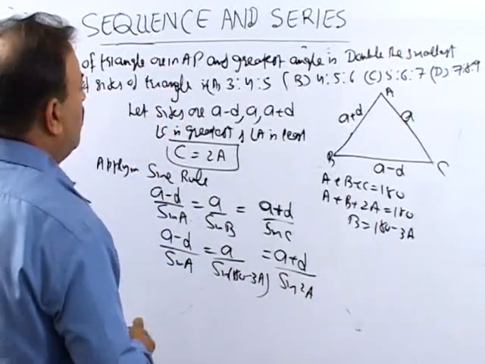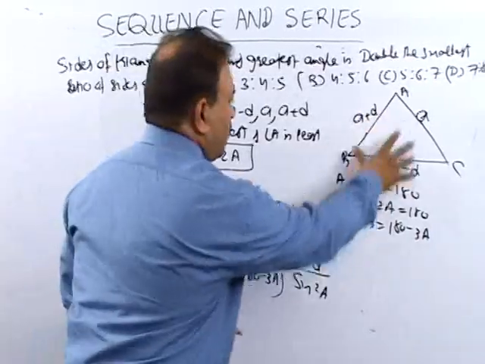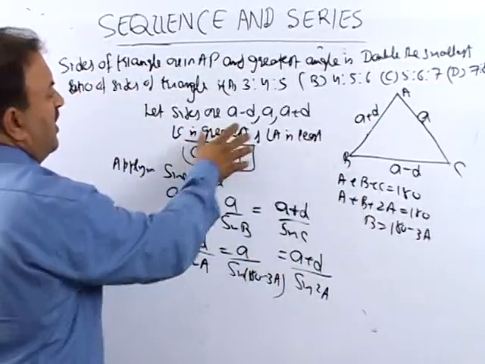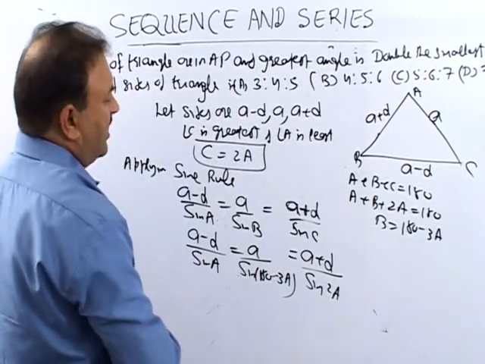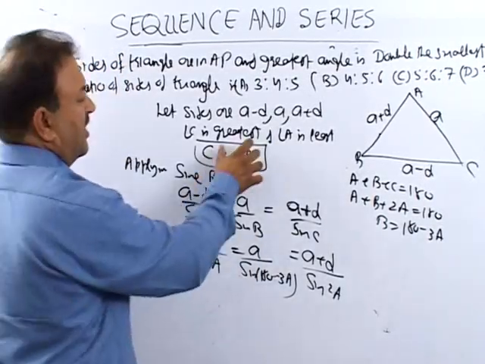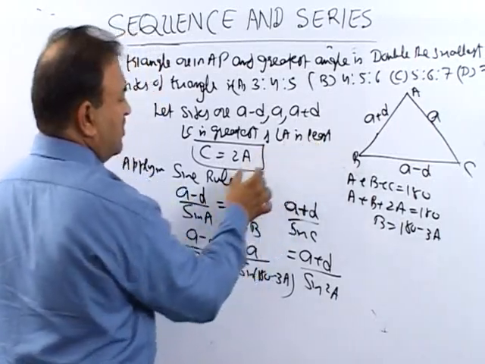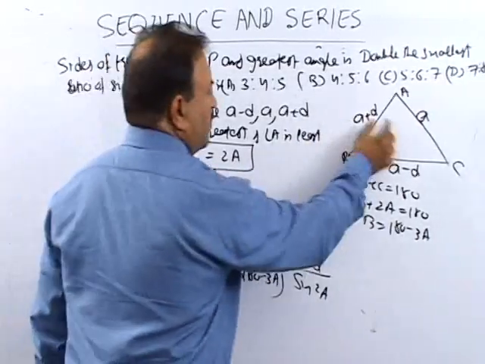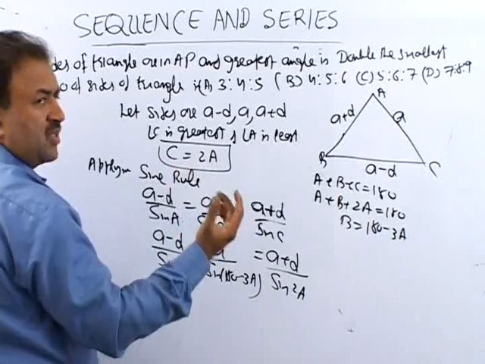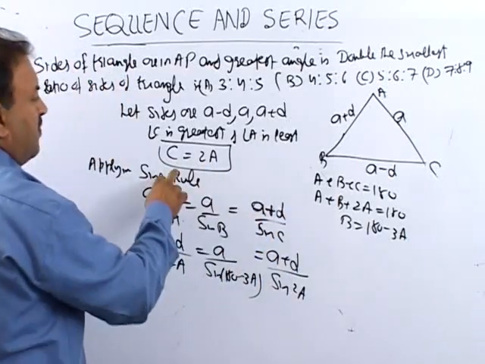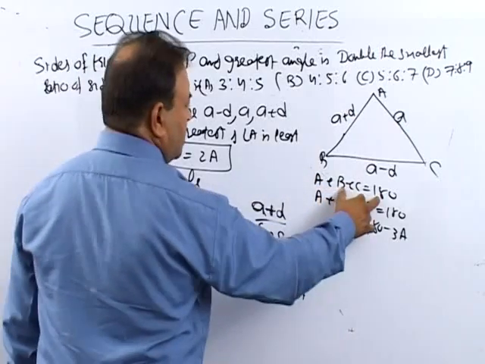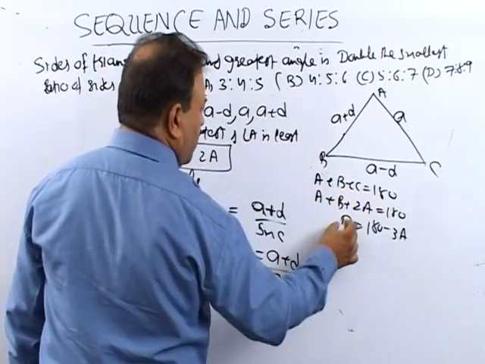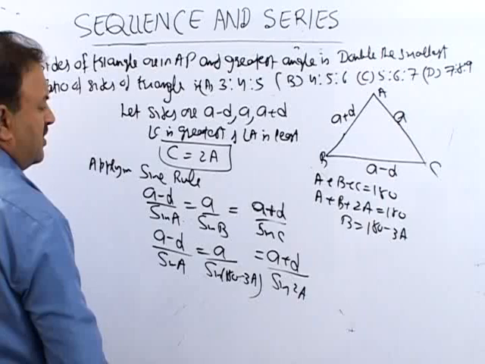Now once again, understand one thing, because I am going to rub this portion. Let the sides be a minus d, a, a plus d. Angle C is the greatest one, so angle A is the least one, because the greatest side has the greatest angle opposite to it and the smallest side has the smallest angle. So C is equal to 2A. A plus B plus C is 180, and putting 2A in place of C, I got B equal to 180 minus 3A.